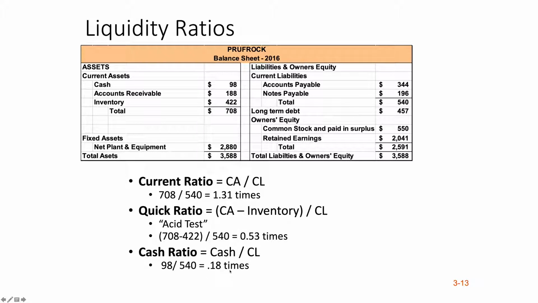Now, which one is the right one from the lender's point of view, for the person providing credit? You want those ratios as high as possible. That means you have more cash to pay. But on the other hand, the borrower doesn't have that much cash, and if you keep too high a cash account, you lose.